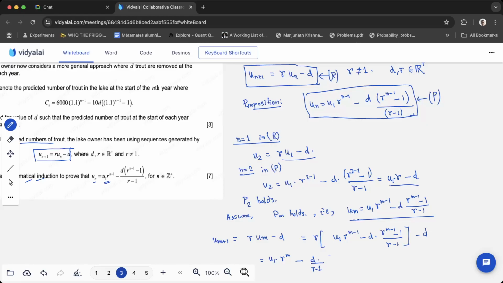So here I'll just collect all the terms first. R to the power m minus r. Now this r divided by r minus 1 minus 1 will give us plus r minus 1, this factor, from this term actually. So this r and r will cancel.